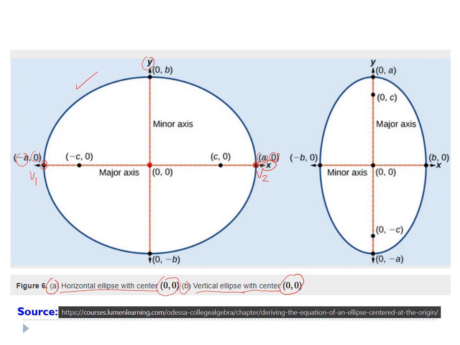Alright, now for the co-vertices, let's call this point B1. The abscissa of this point B1 is 0, since the point lies on the y-axis. And from the center towards this point B1, this is half of the minor axis, which is equal to b.